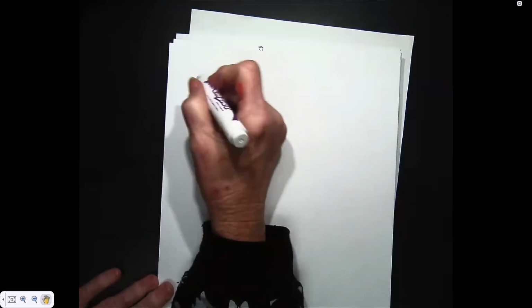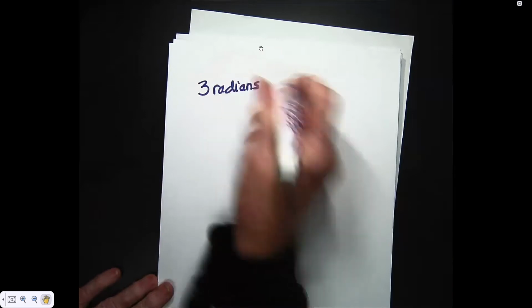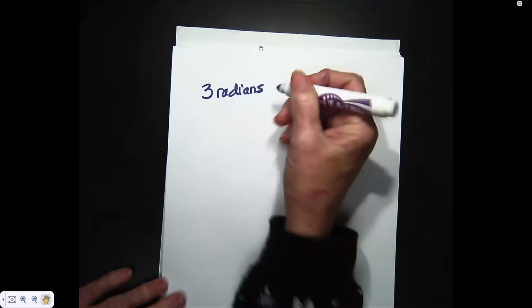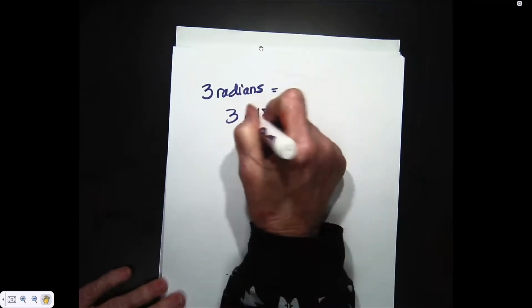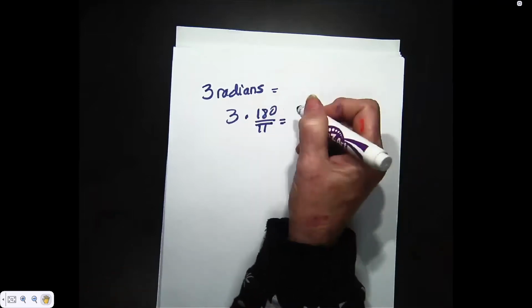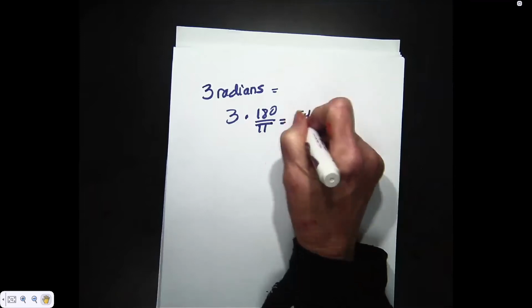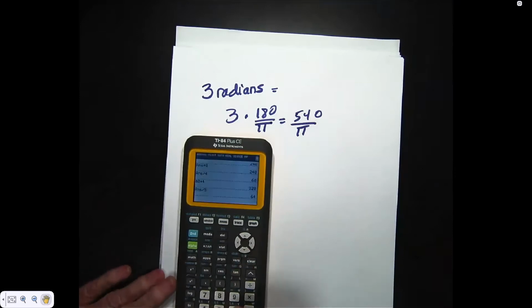Oh, if I just said I had, let's say I have 3 radians, and I want to know what that is. So 3 radians would be 3 times 180 over pi, which for this one to work, I'm going to have to take 540 divided by pi, and I want to actually be able to do the math of that.